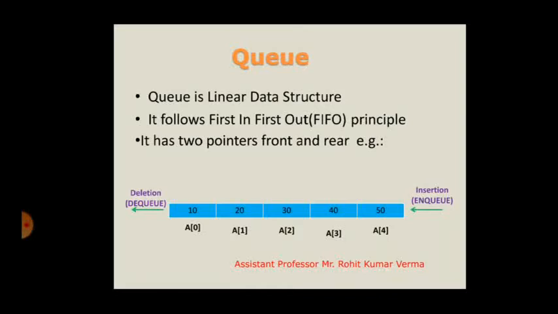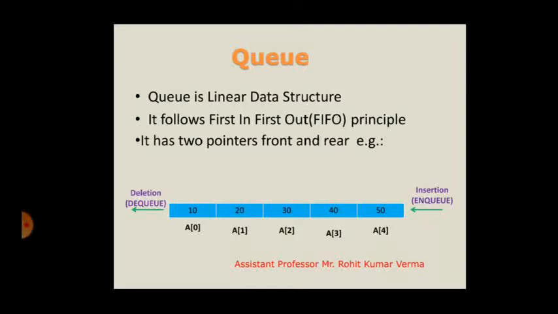Now dear students, we are learning a few more functions that are used in queue operations. Our first function is the peek function. So what is a peek function? Whenever you want to get the element at the front of the queue without removing it, you are using the peek operation.